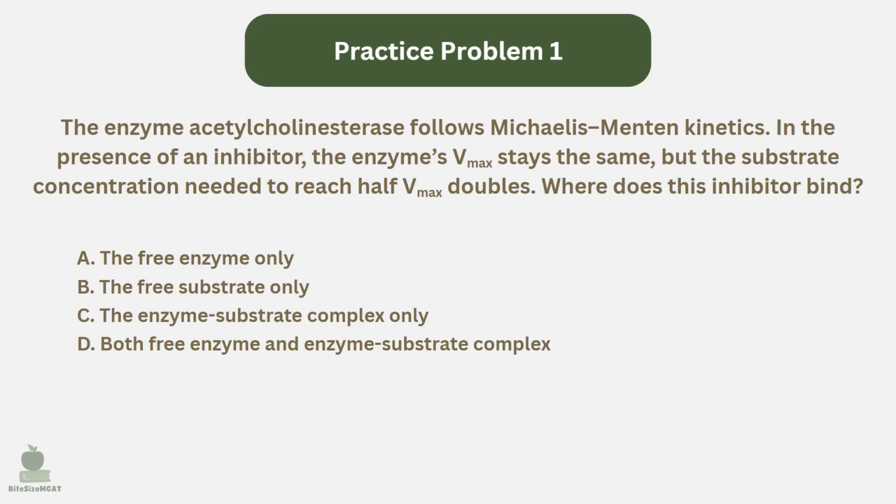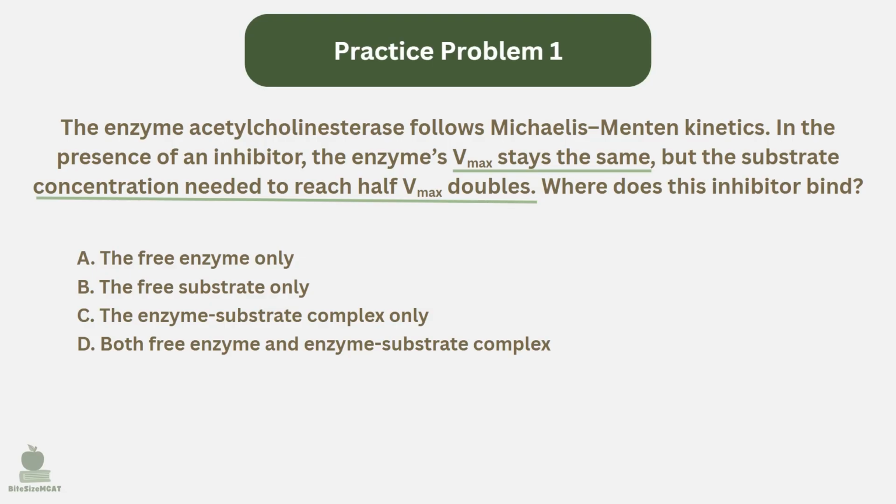Okay, let's walk through this step by step. What information does the question actually give us? So first, we know that Vmax stays the same and that the concentration needed to reach half Vmax doubles. Remember that by definition, the concentration needed to reach half Vmax is known as Km, and this increases as it doubles. So what type of inhibition is this?